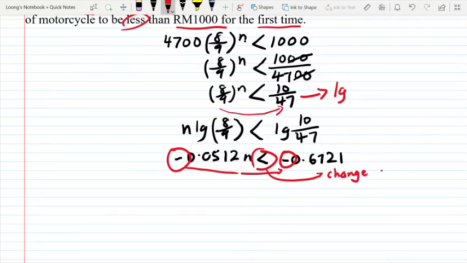so that we could count and get the correct answer.